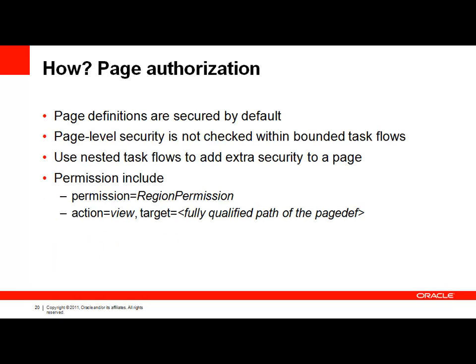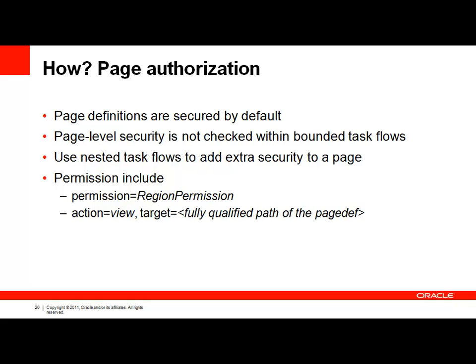First thing, page authorization. Page authorization in ADF is required for any page that sits in the unbounded task flow. When you enable ADF Security, then by default, pages in an unbounded task flow are not accessible. So you will have to grant a permission. Now this is good, because another pattern I didn't list is the safe default.